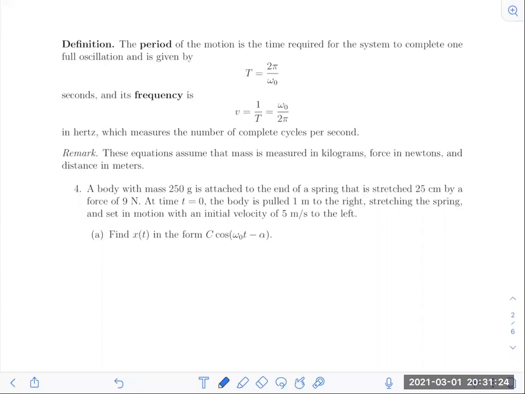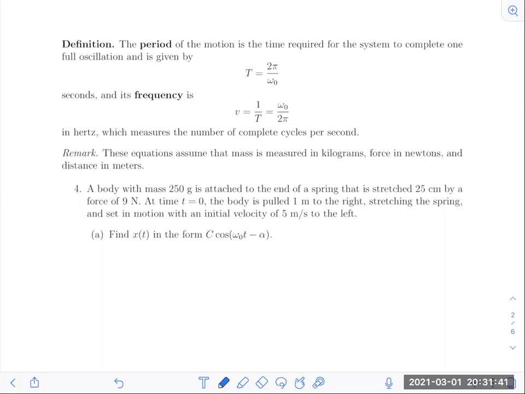So that period is given by 2 pi over omega naught, and that's in seconds. And then its frequency is just the reciprocal of the period, and that's measured in hertz. So that's the number of complete cycles per second.